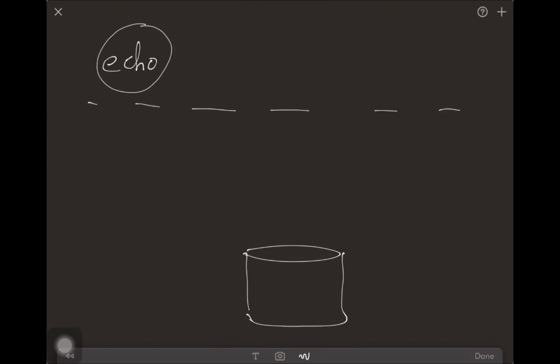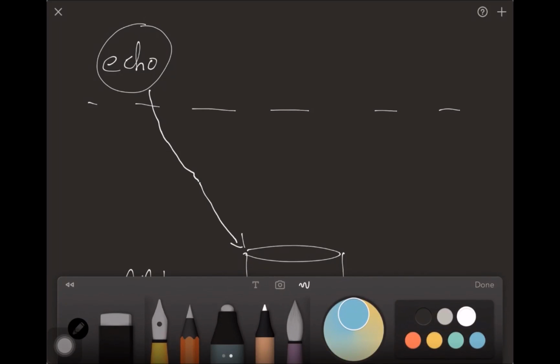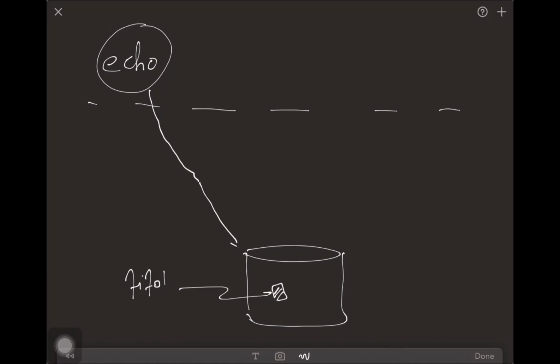So what has happened is that we have the echo program which tries to write a special type of file, a named file whose name is FIFO1. Once the echo program tries to write to this file, the kernel says, oh no, don't go to this file, this is a named pipe.